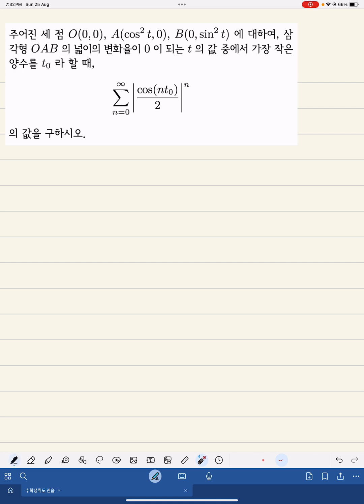So I think our first instinct is to find out t, right? Because we have to find t0.